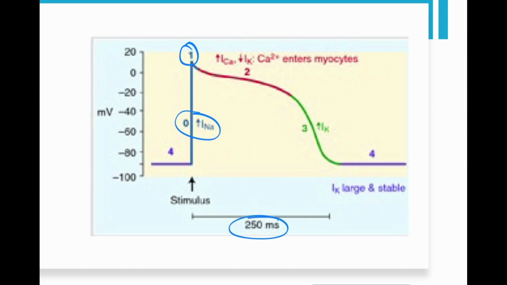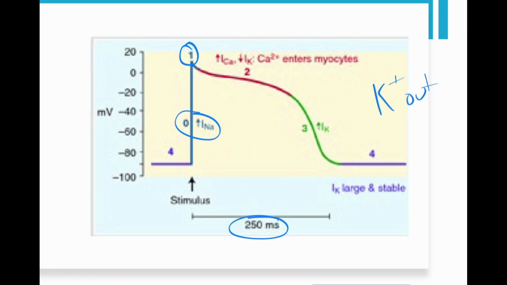At this phase, what voltage-gated channels are now open? Potassium. Potassium is wanting to go where? Out of the cell or in the cell? Out. So potassium wants to go out.